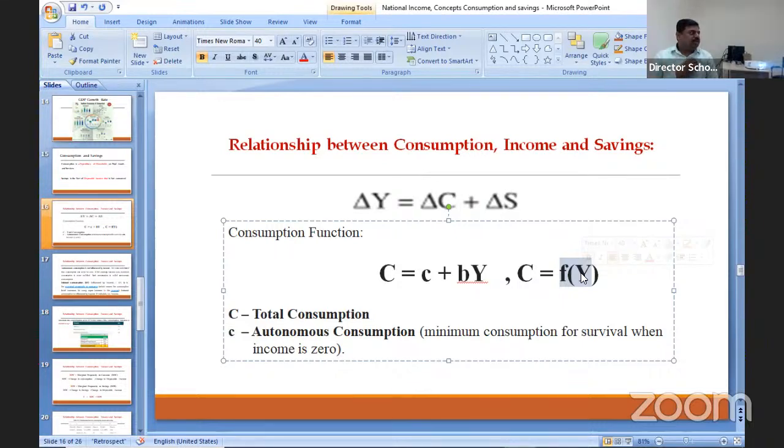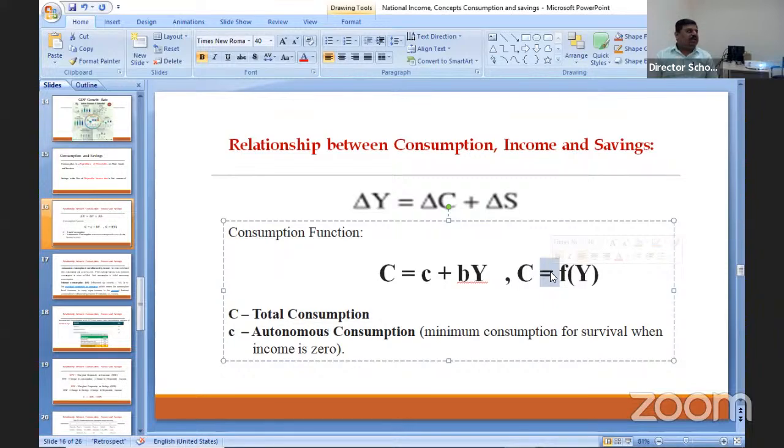What is the basic statement? Consumption is dependent on income and there is a positive relationship. The equal sign shows that there is a positive relationship. Which means when the income increases, the consumption also increases.